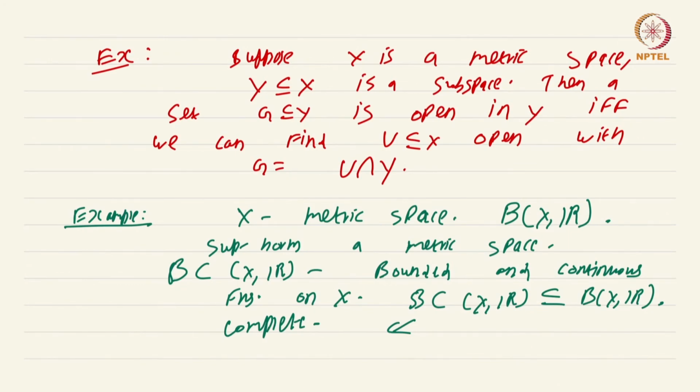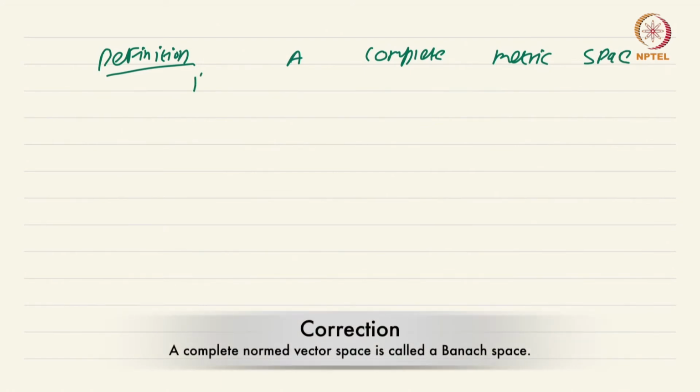Okay, so let me just make a definition in this context. Definition: a complete normed vector space is called a Banach space. Okay, an exercise.